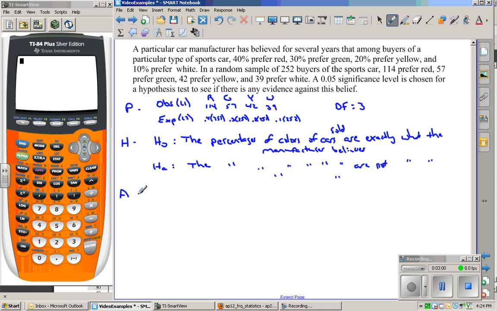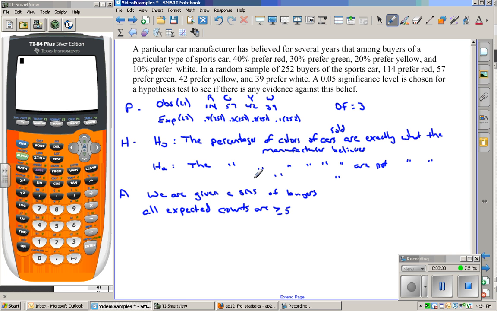Our assumption, since this is a chi-square test, the first assumption is we are given a simple random sample of buyers. And our next one is all expected counts are greater than or equal to 5.